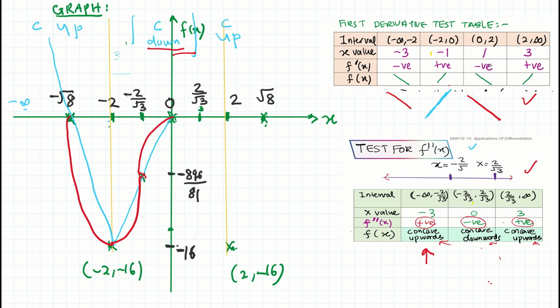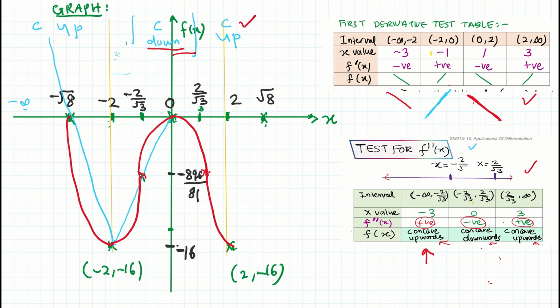So the graph passes through the point 2 over 3 and negative 896 over 81, decreasing and concave down like this, and we continue from 2 over 3 to 2. The function is decreasing and concave upward.